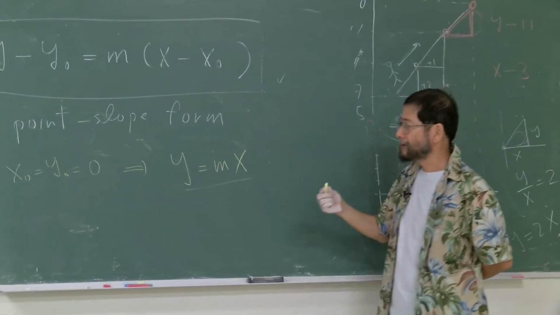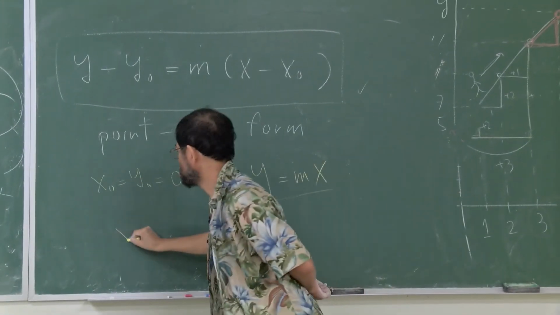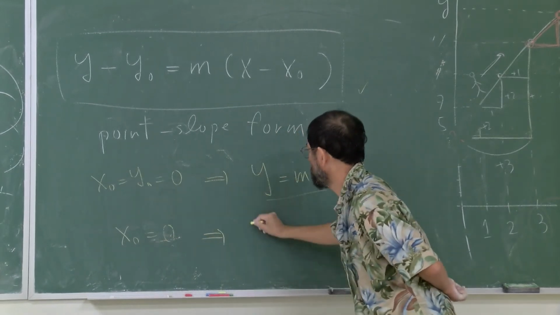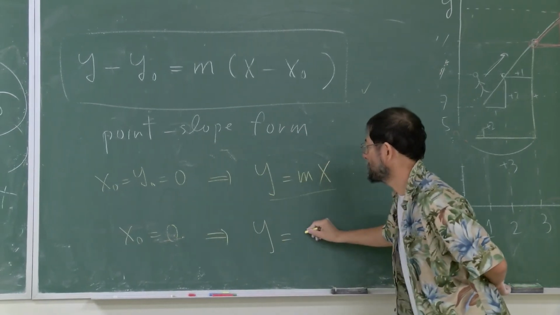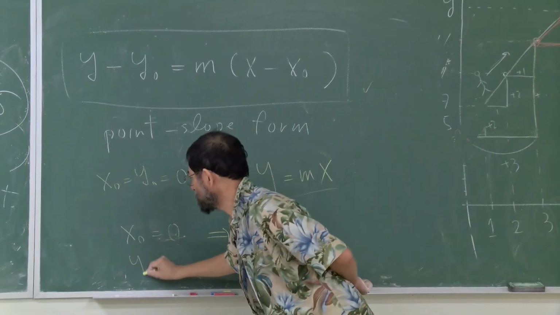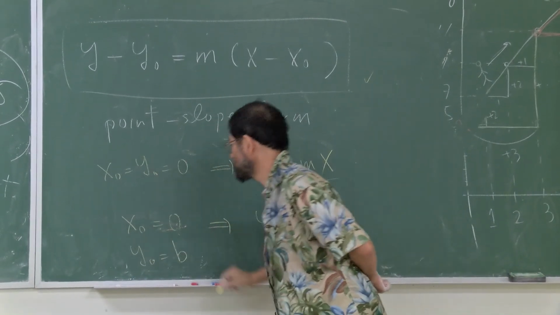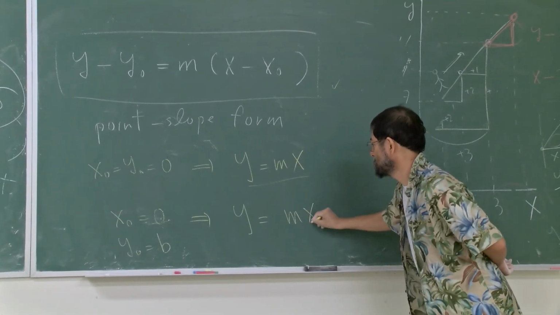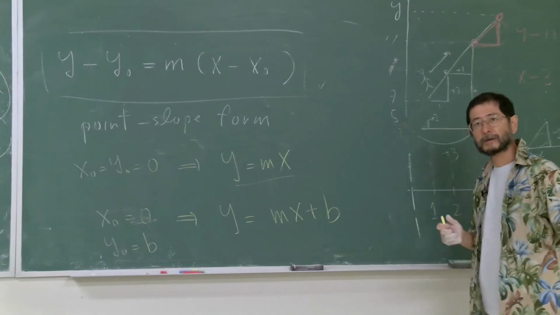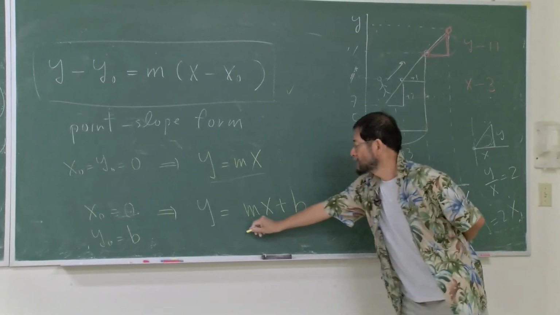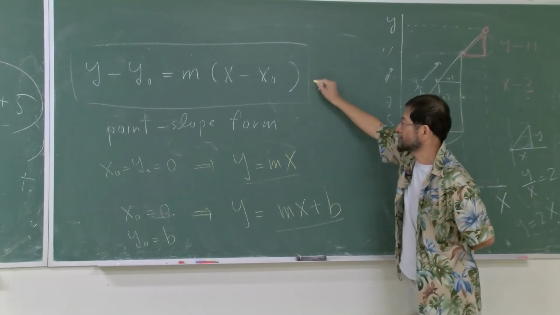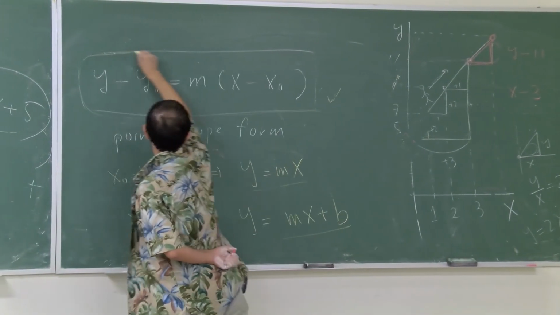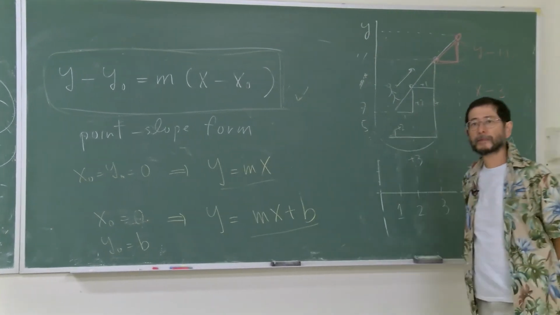And if only this is 0, then you get y is equal to, well, if I call y0 equal to b, rename it, then I get y equals mx plus b, which is the slope-intercept form. Okay? So this actually includes the previous two. So this is the most important one so far.